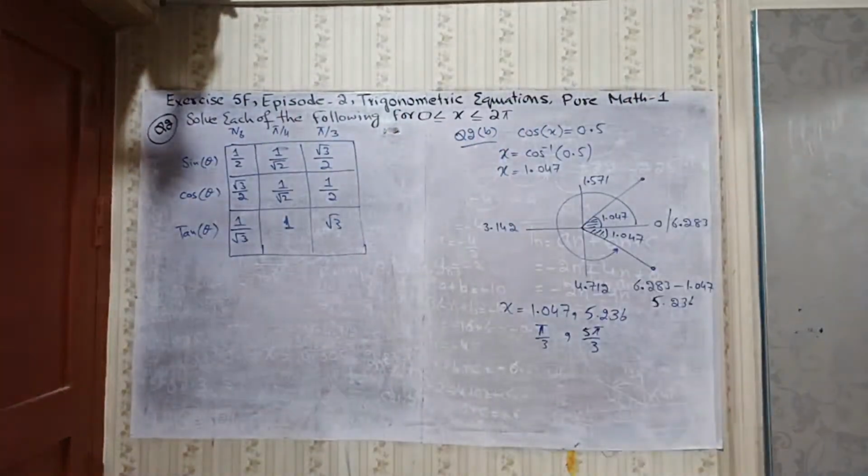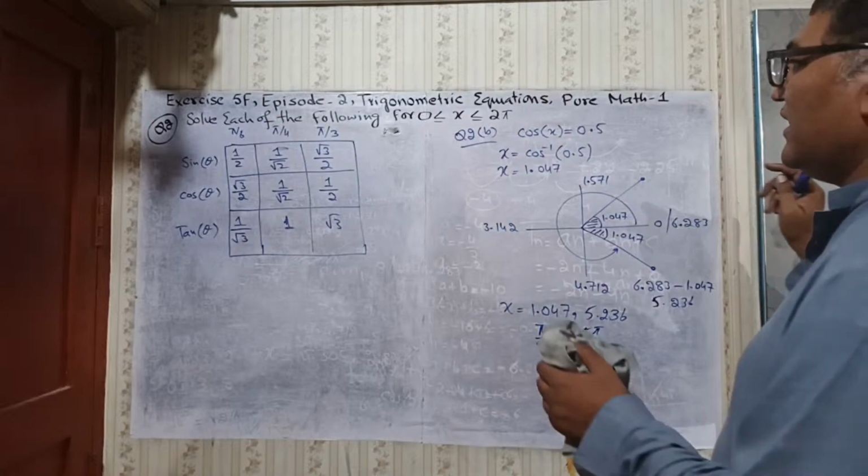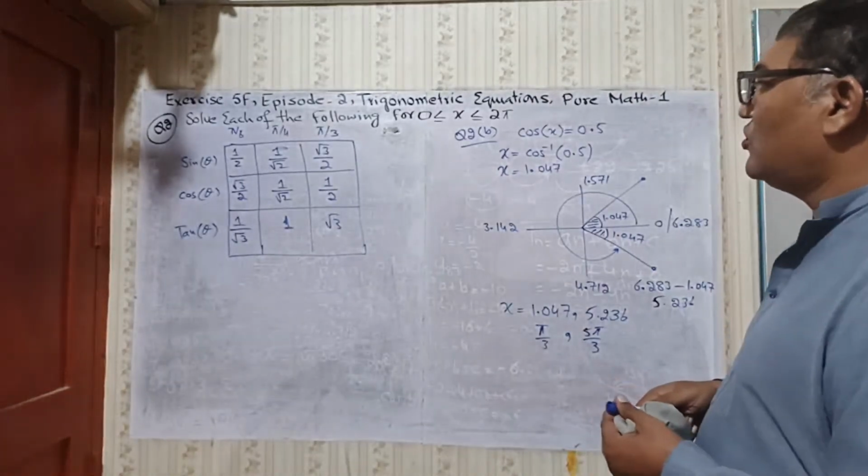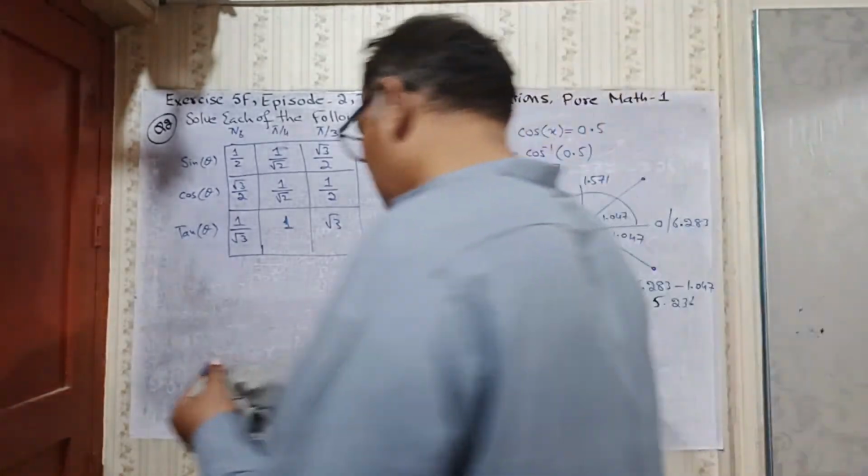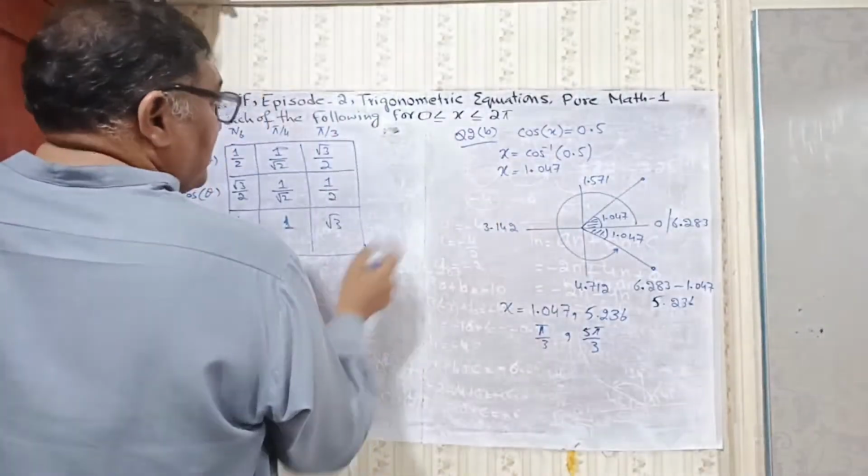So let me do this question, B part. I will show you how he did that, because 0.5 means 1 by 2, so you get the exact value. If I do the same question again, the answers will be the same, but he used this table.